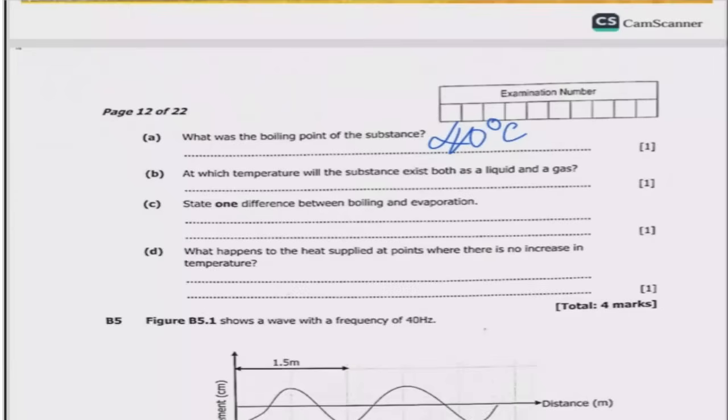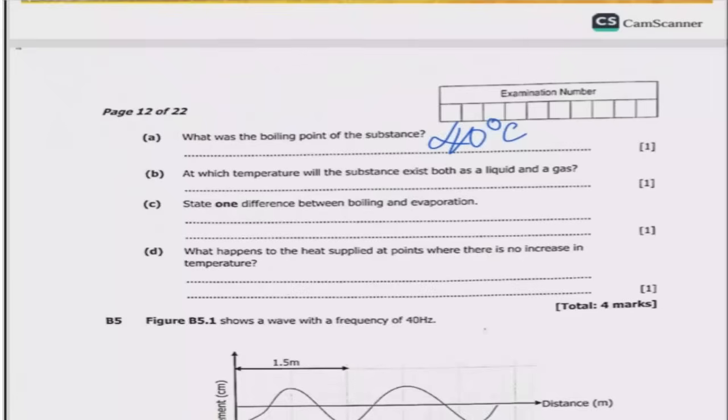Okay, then question B is at which temperature will the substance exist both as a liquid and a gas?